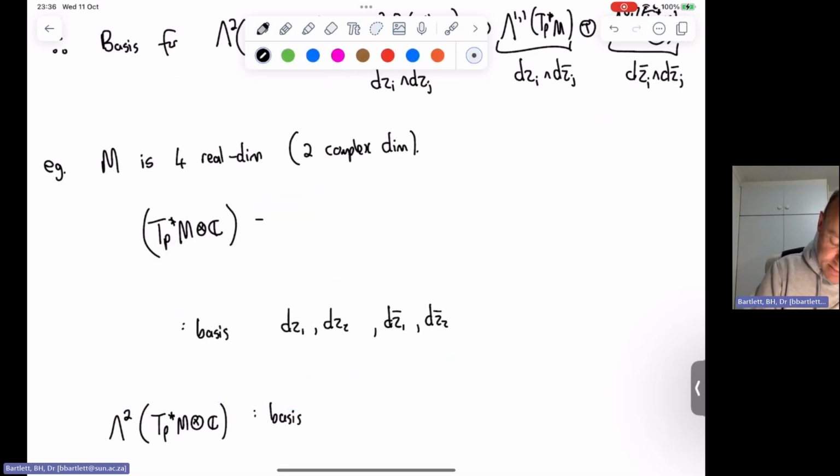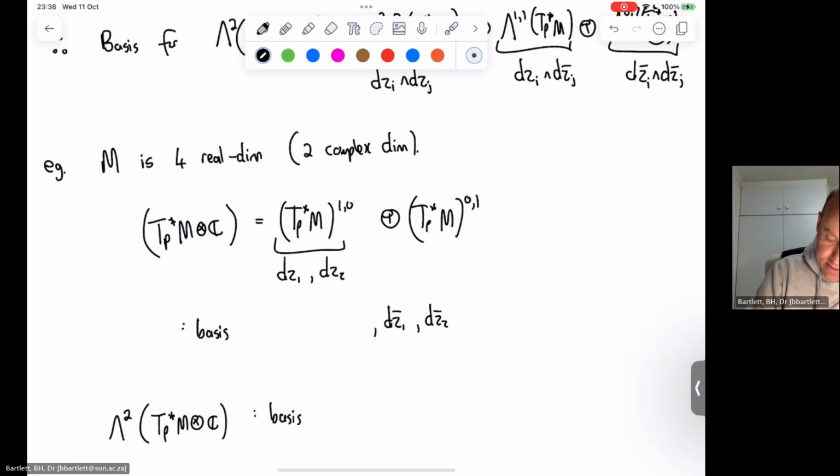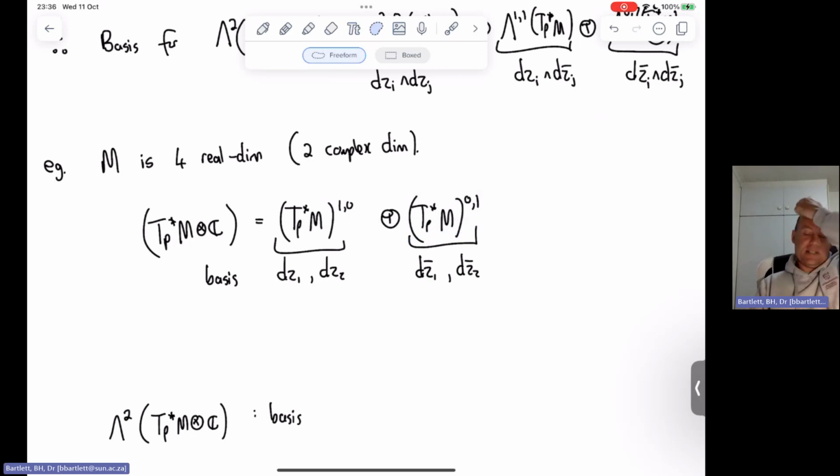The cotangent space splits as a direct sum of the 1,0 part and the 0,1 part. And these guys are a basis for the 1,0, and these guys are a basis for the 0,1 sector.